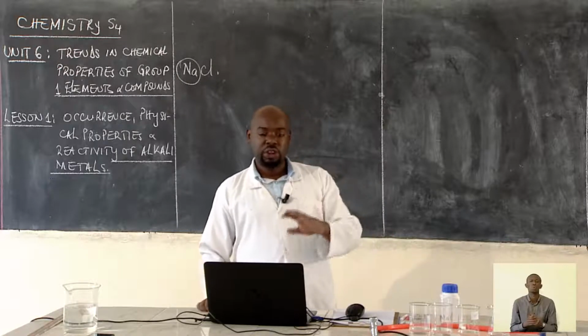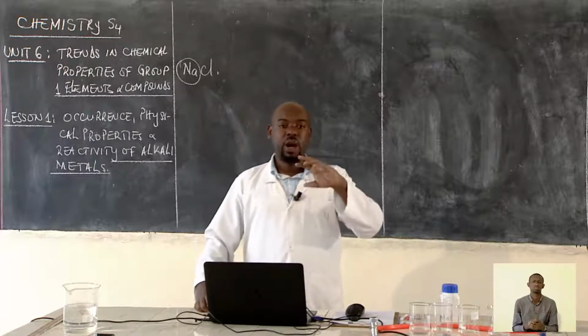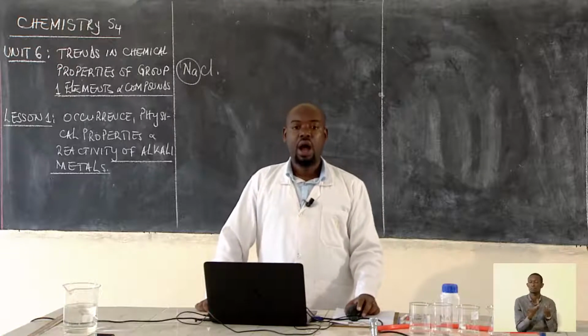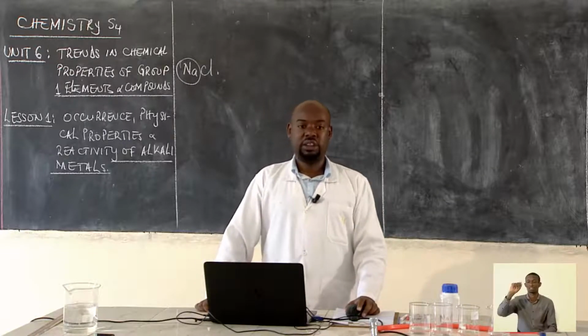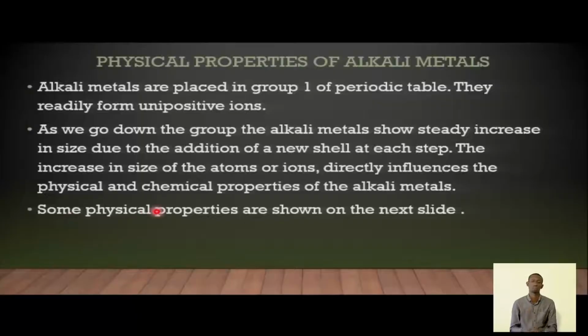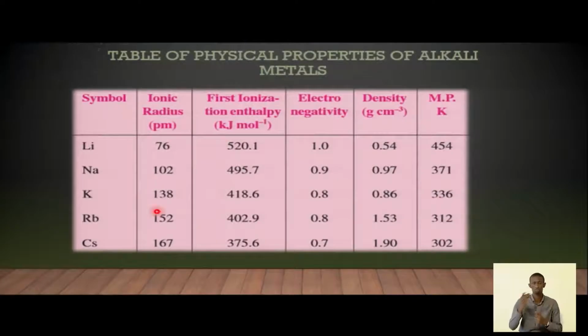All those properties will be influenced by this change in atom and ion size. Some of the physical properties we are going to discuss are on the next slide, and these are the ionic radius, ionization energy, electronegativity, density, and melting point.